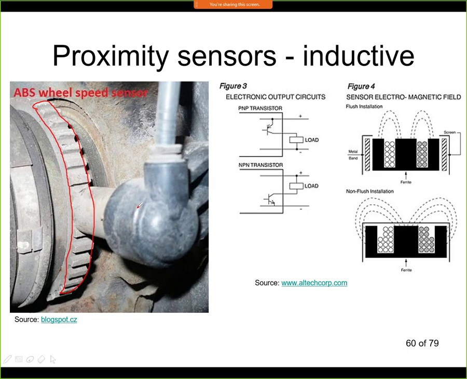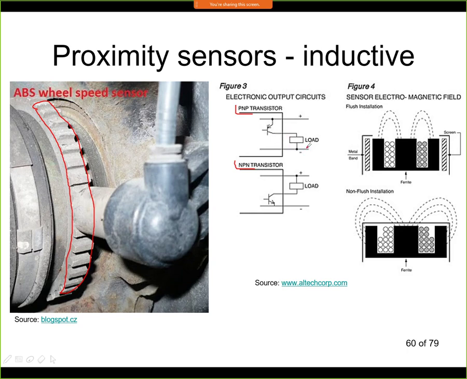The output of the sensor, as I said, can have two options. It can be the PNP output or NPN output, and the output configuration actually depends on what's inside of the sensor. Typically there is a transistor that is used as a switch. So if it is a PNP transistor, here we have the PNP transistor, that's the element, and the load, our output of the sensor, is connected in this case between the minus and the output signal.